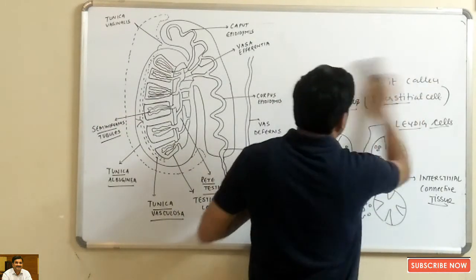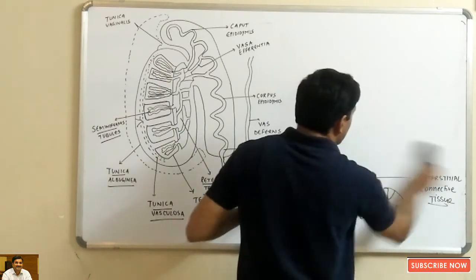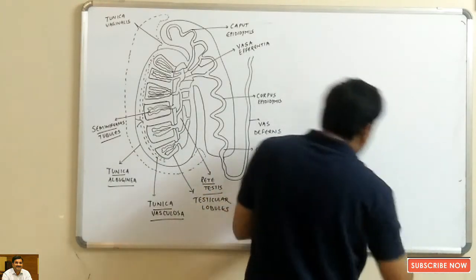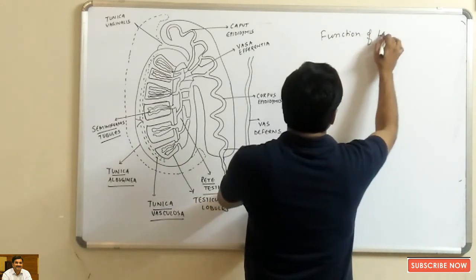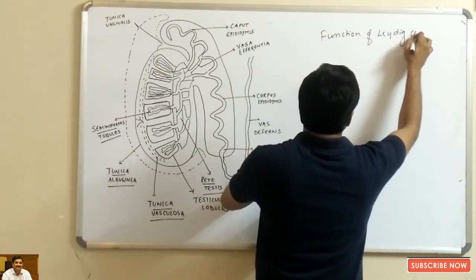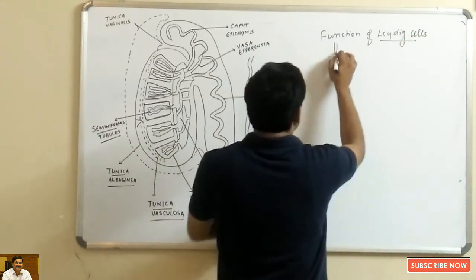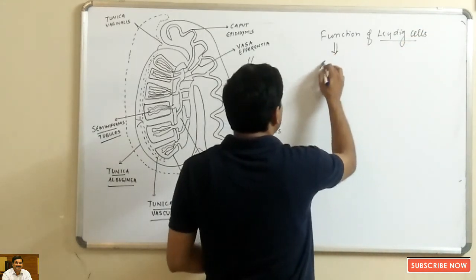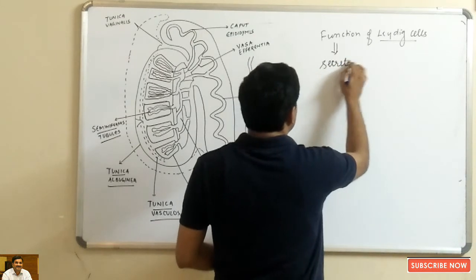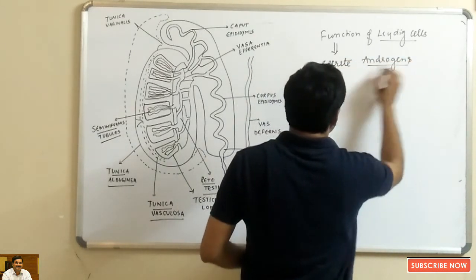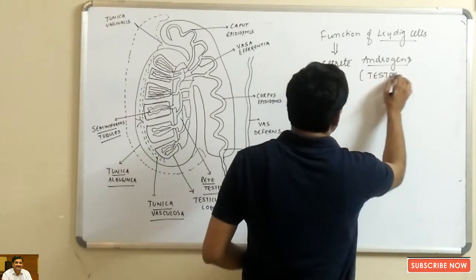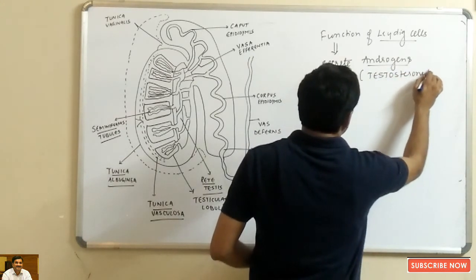Now coming to the function of the Leydig cells: what is the function of the Leydig cell? The chief function of the Leydig cell is that they secrete androgens. Androgens means what? Testosterone hormone, right?